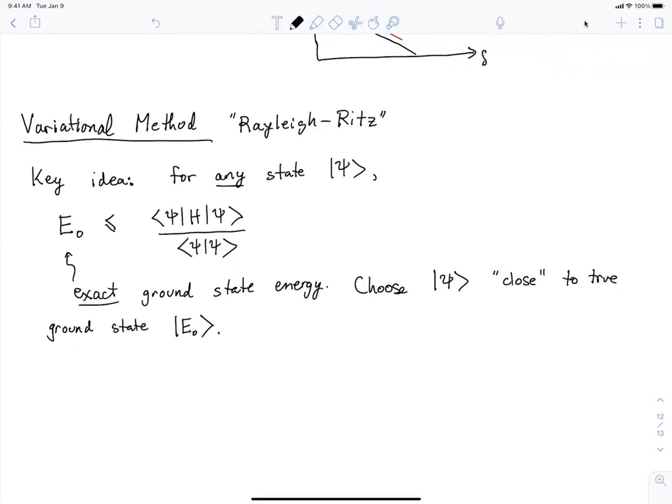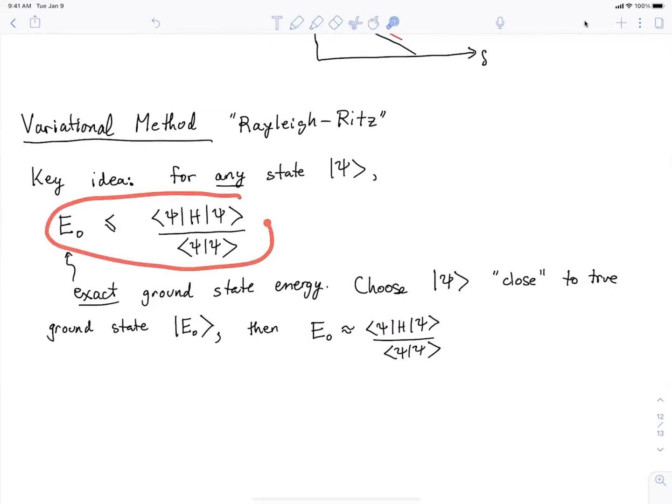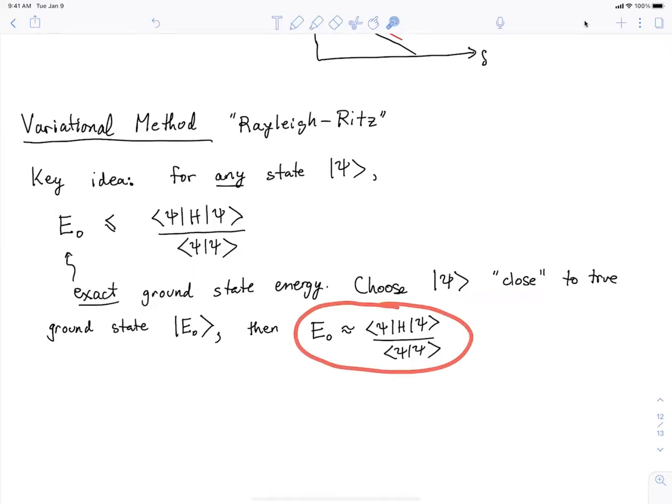So if you choose it close, then it ought to be true, and again we're going to prove this, that the true ground state energy should be pretty close to this expectation value of the Hamiltonian divided by the norm of the state. So there are two aspects of this. One is that you get a bound that says the ground state energy has to be lower than this thing. And then, if we make a good guess somehow, it should be close to equal, not just a bound.